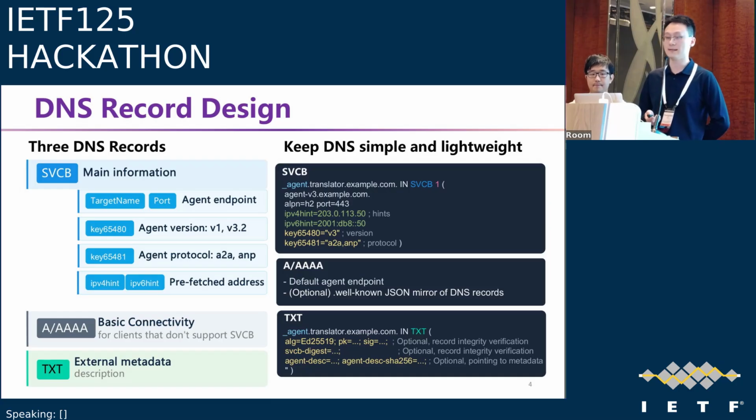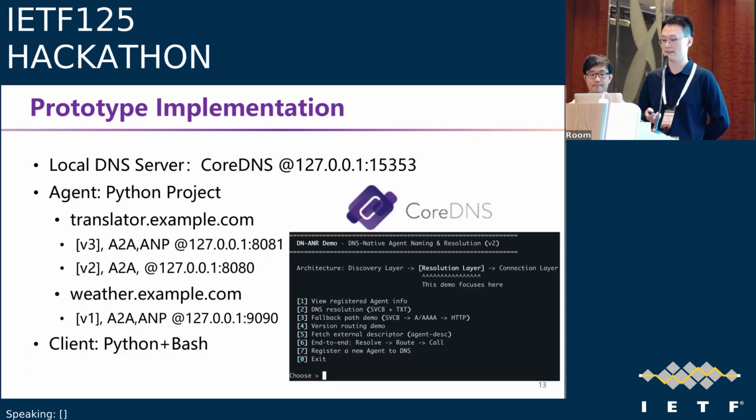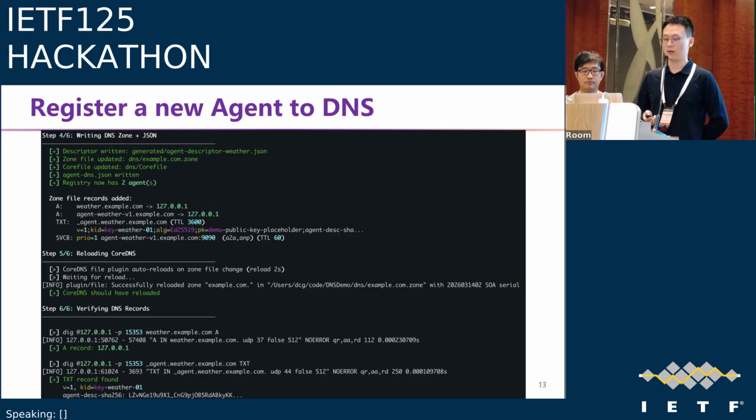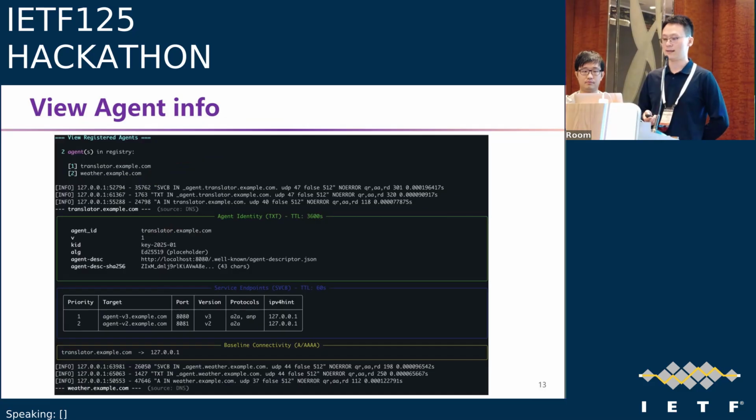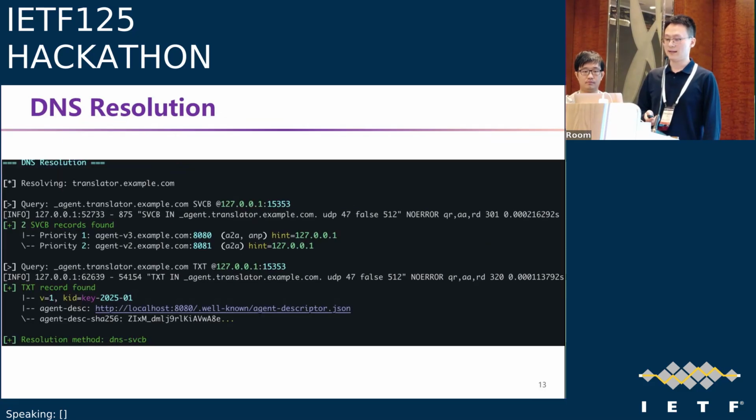We keep the DNS simple and lightweight. We deployed a simple prototype using CoreDNS. The client can register a new agent to DNS and view the agent information. The DNS can resolve the agent name to the endpoint.